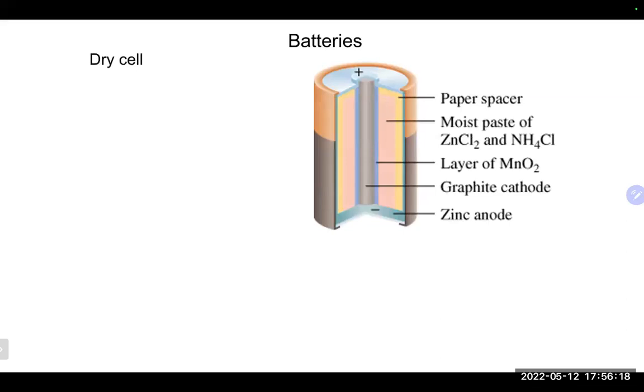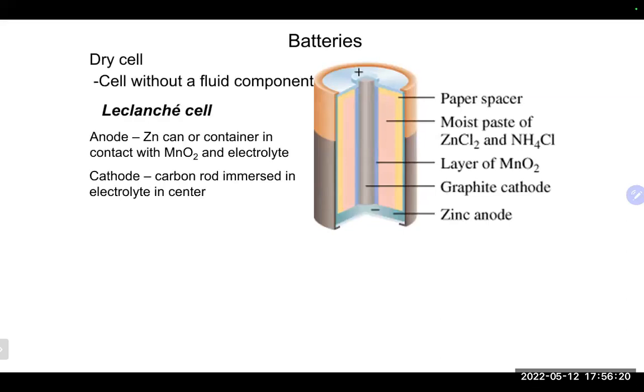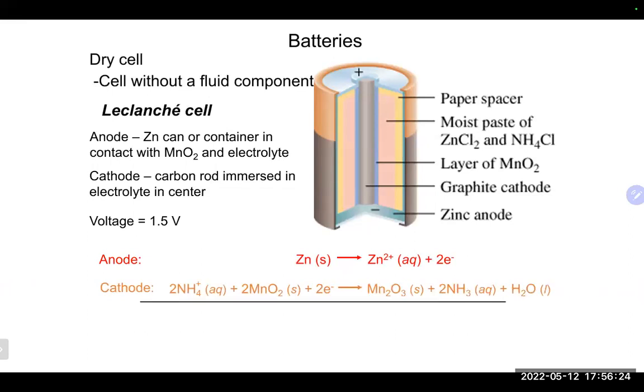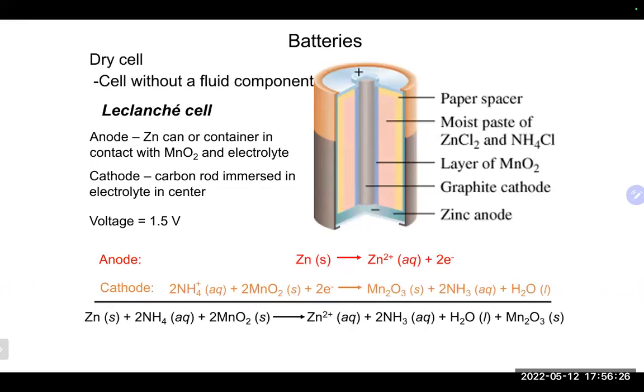If we look at a battery, for example, this is what's referred to as a dry cell. I'm going to go with the Duracell on this one, the copper top. This is basically a cell without a fluid compartment. We have an anode, which is the zinc can here, and it's in contact with a layer of MnO2 and an electrolyte.